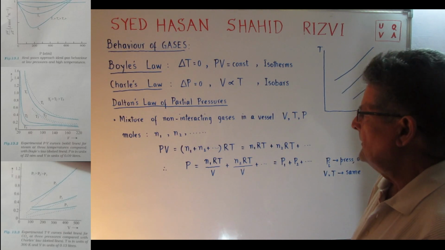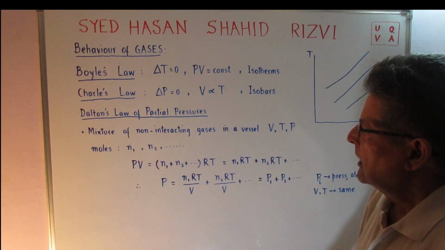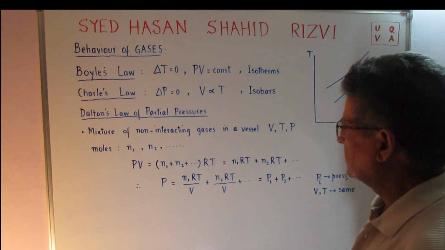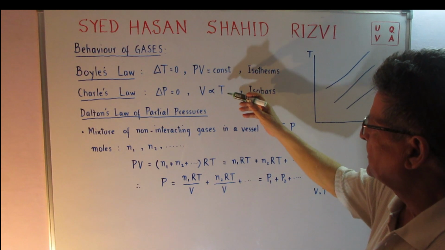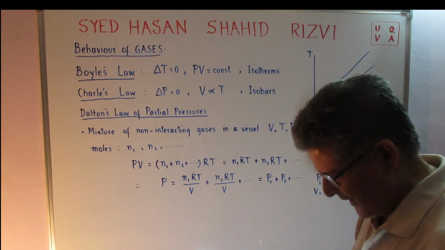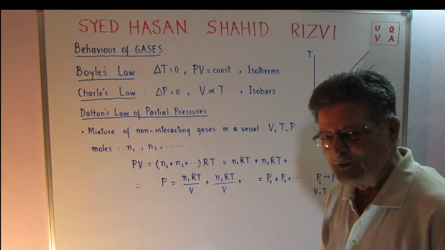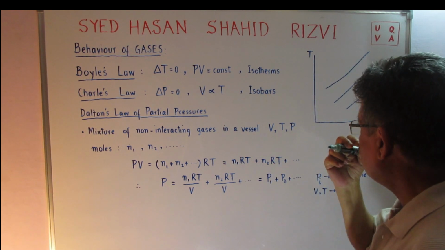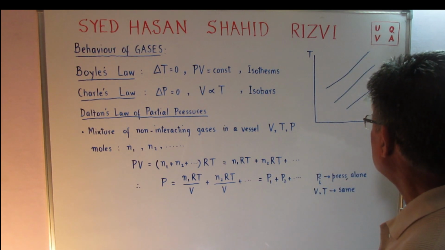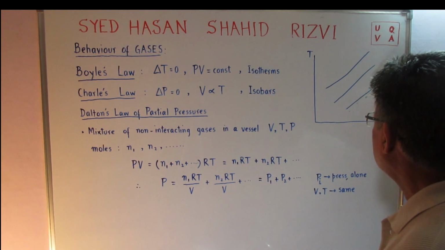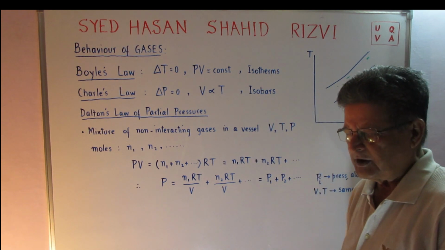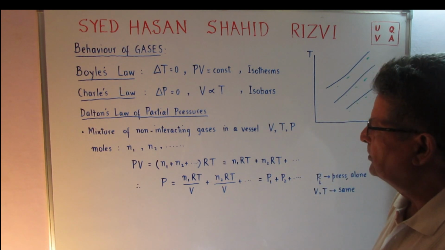In Charles' law, where the pressure was kept constant, there is no change in the pressure, and the volume is proportional to temperature, and we get isobars like this, and we'll get some theoretically calculated curves like this for various pressures P1, P2, P3.